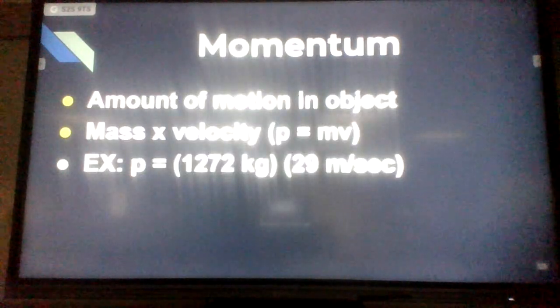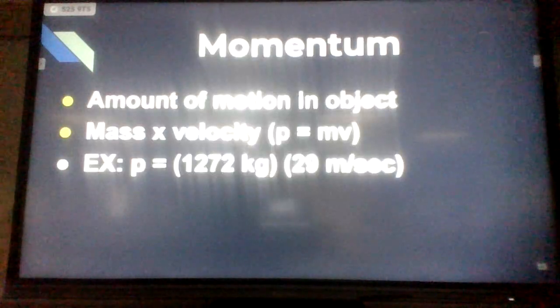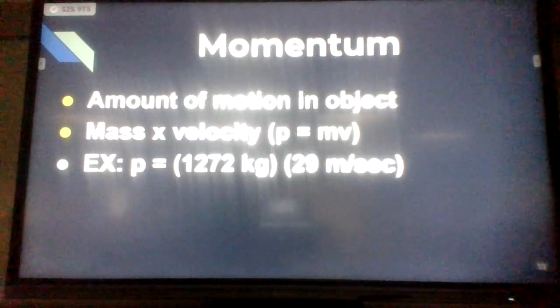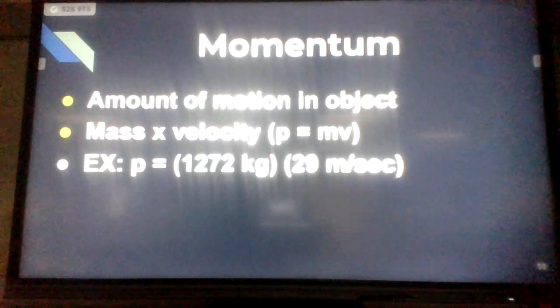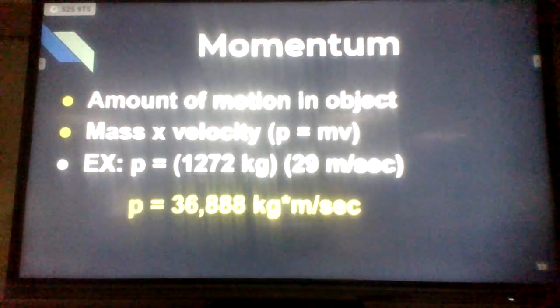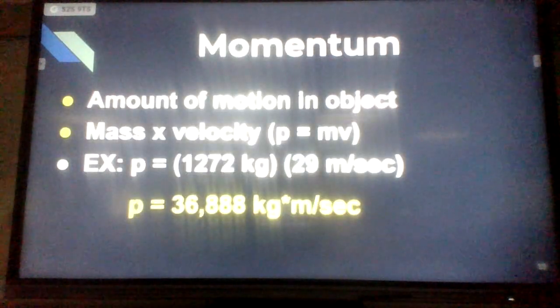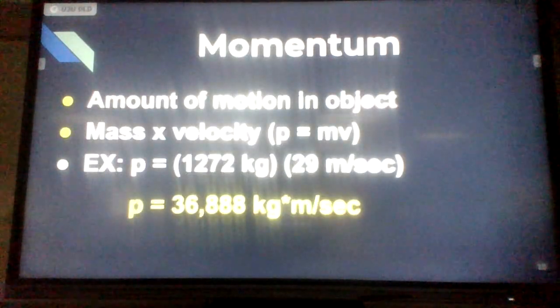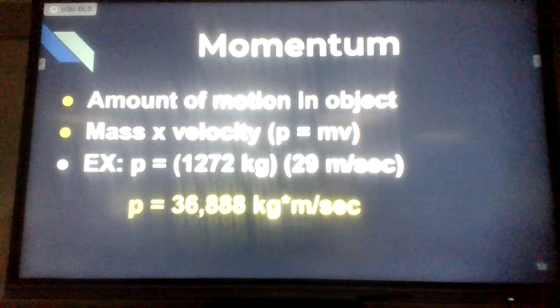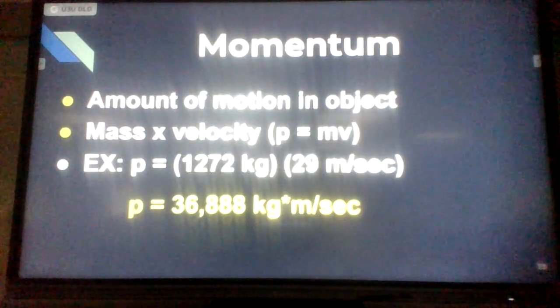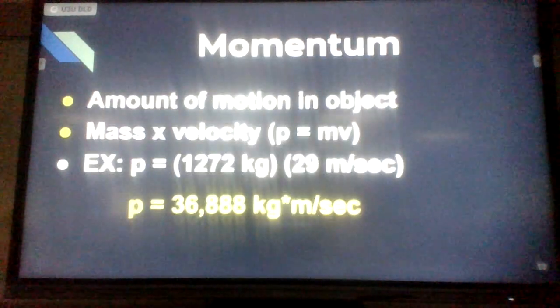You're not used to the unit, may not seem like it, but that's a very high speed. Offhand, I don't remember the miles per hour, but it's booking it. So just multiply those together, and you get 36,888, and here's the unit, kilogram meters per second.